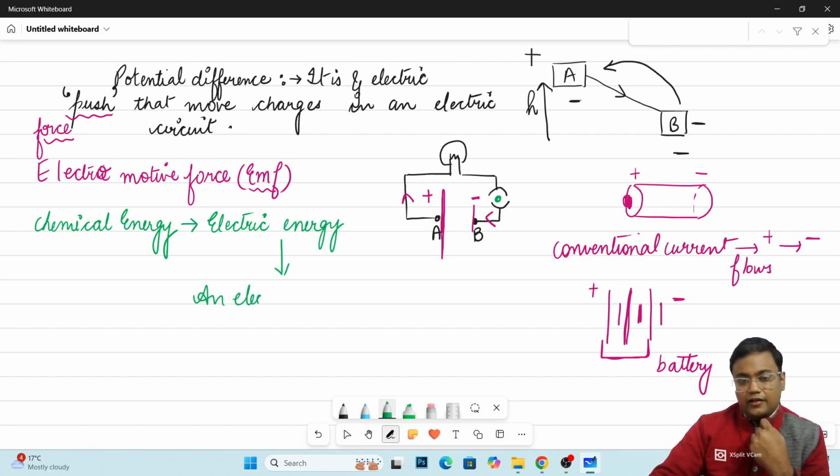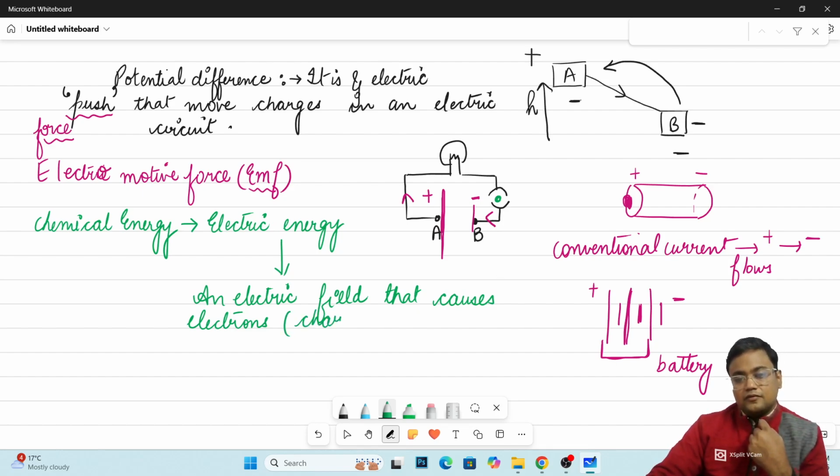which creates an electric field that causes electrons or charges to move.